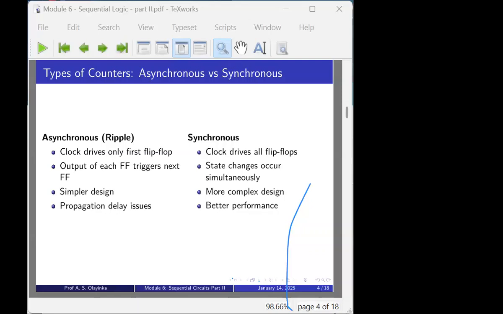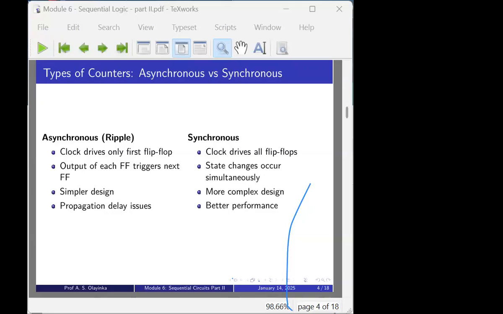Now, I was trying to lay a foundation. I just explained to you four classifications based on the counting sequence. I talked about the binary counter, which counts binary numbers. I talked about the decimal counter, which counts from 0 to 9. And then I talked about the Johnson counter.